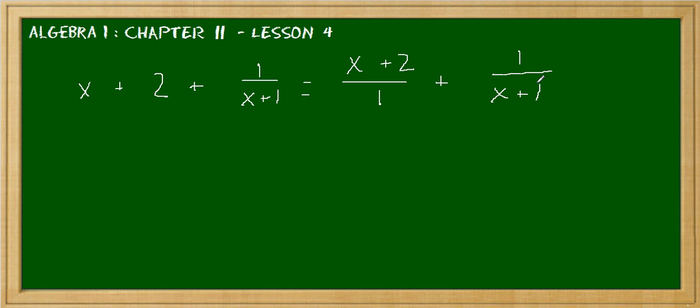So now what we want to do is take the common denominator, which we're going to create by taking x plus 2 over 1 times x plus 1 over x plus 1, right? And what's x plus 1 over x plus 1?